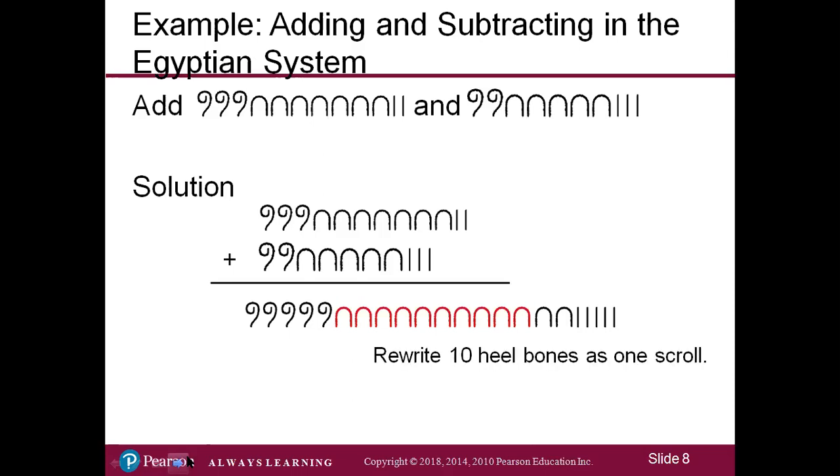We rewrite the 10 heel bones as 1 scroll, just like in our own base 10 system, we regroup. So we're going to regroup 10 heel bones as 1 scroll, giving 6 scrolls, 2 heel bones, 5 strokes.